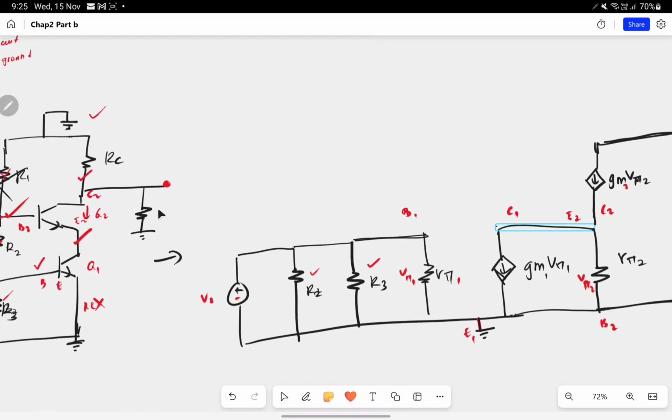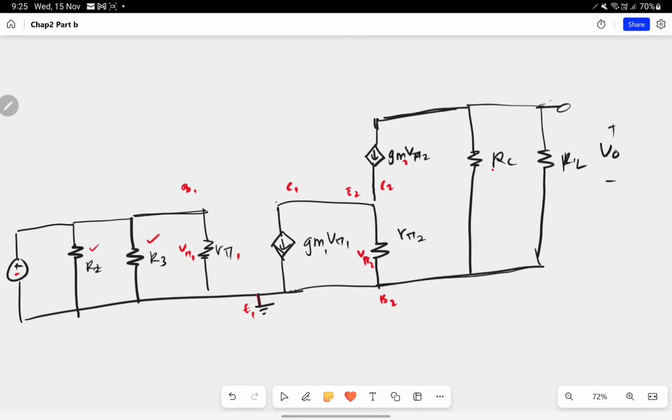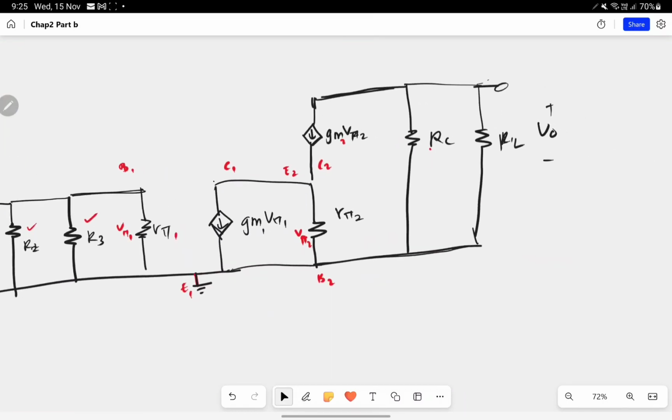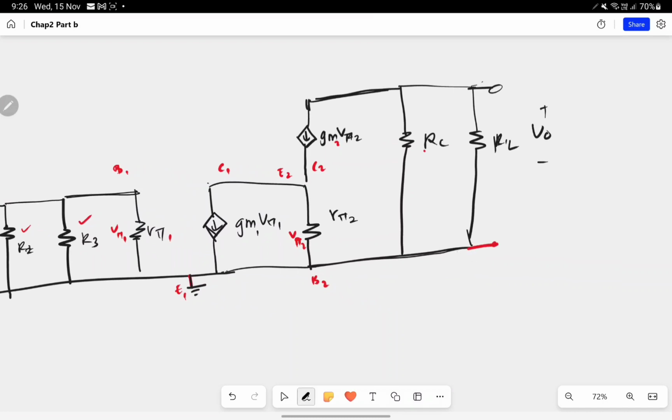And last but not least we have RL. At the same point RL is connected to the ground, and at the end of RL we have V out, that we need to measure.